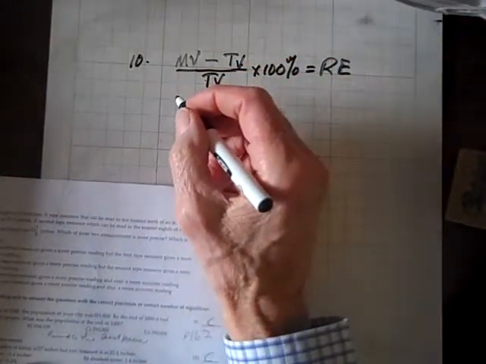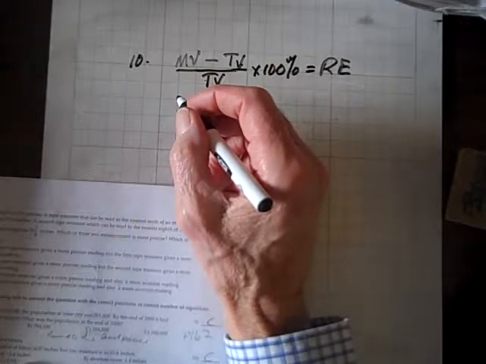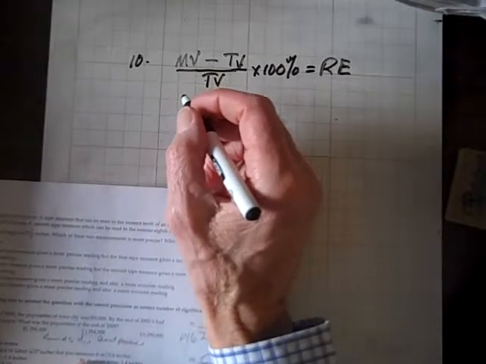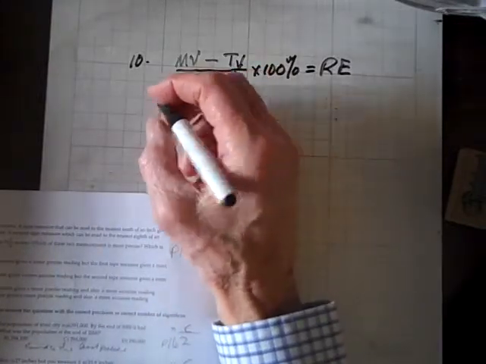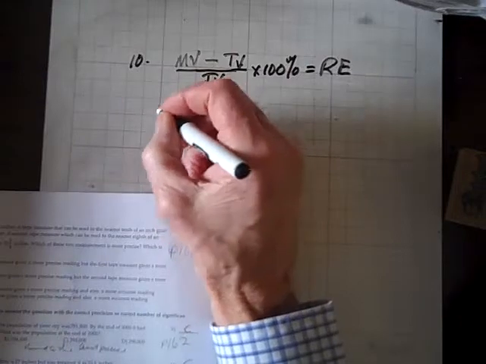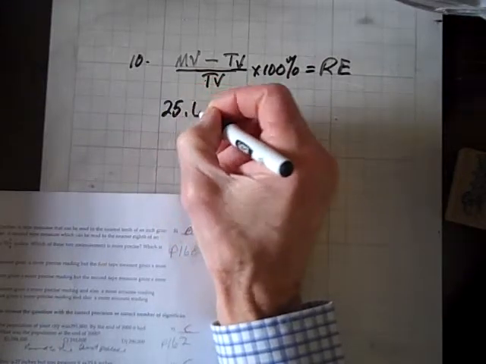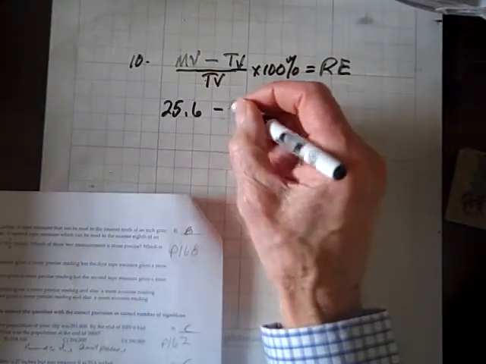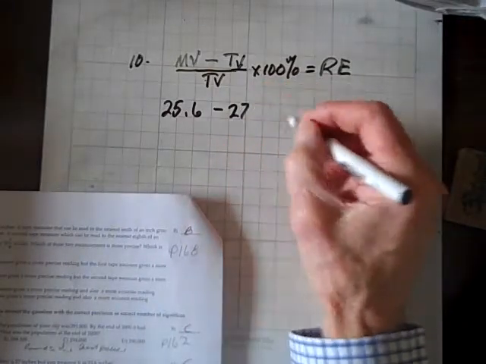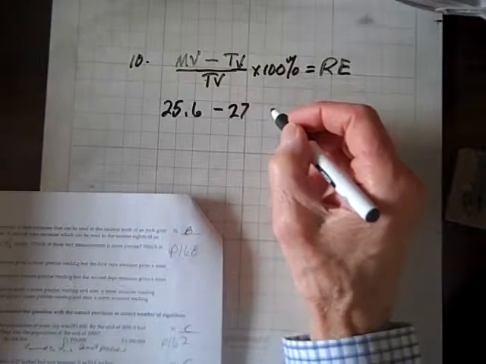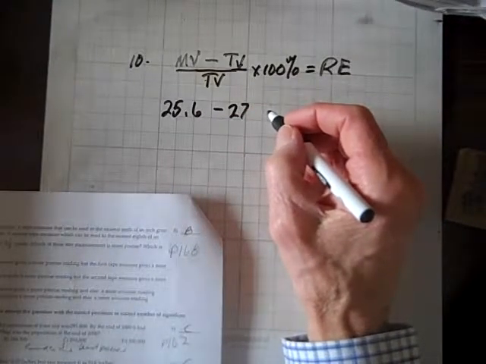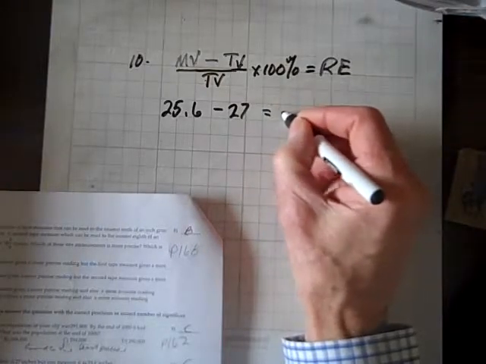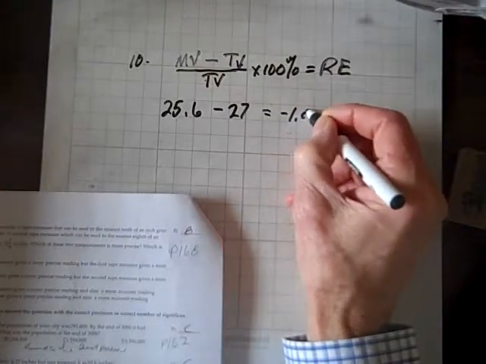So our measured value is 25.6 inches. And from that, we're going to subtract the true value, which is 27 inches. And the difference in these two will be a negative 1.4 inches.